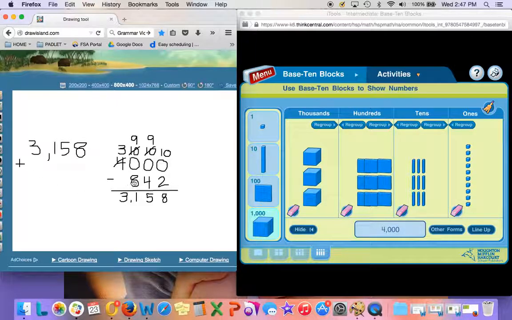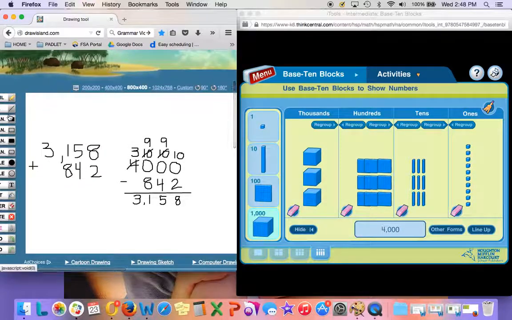Going upwards again, 842, I'm going to add, making sure that I line up my place value digits. 800 goes in the hundreds place, so I have to put that right under that 100. 40 goes in the tens place, so I've got to squeeze that in the tens, and then 2 goes in the ones. Okay. Make sure we draw our equal sign, and now we're ready to add and check.